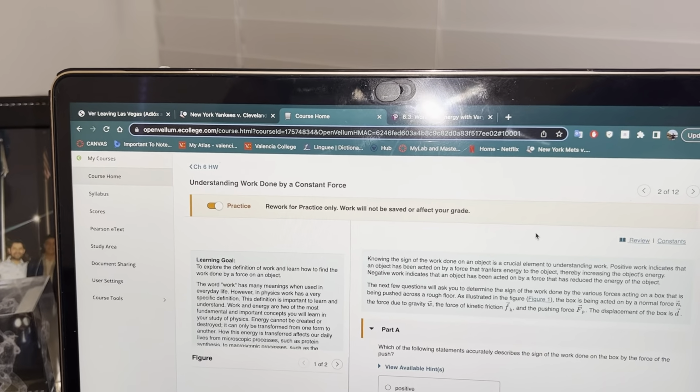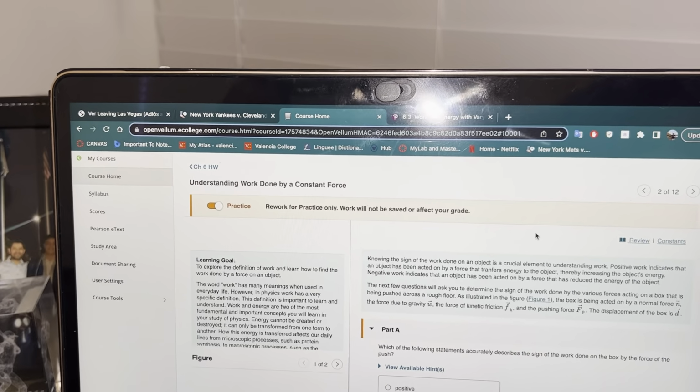So let's see. We see here that the normal force is going up, and the distance is horizontal. Since this is horizontal and vertical, there will be an angle of 90 degrees.